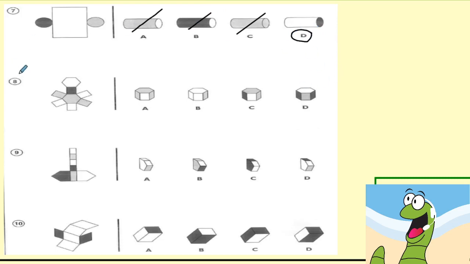Question 8. So we have 2 light grey rectangular faces, are not separated by 1. So we've got these two together, these two, and these two.